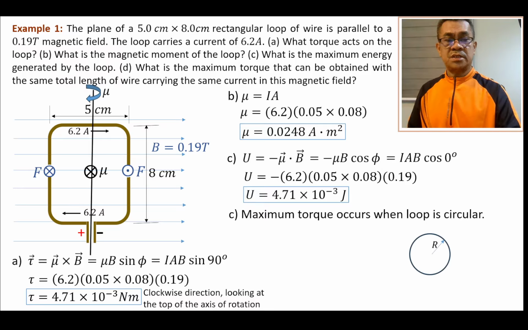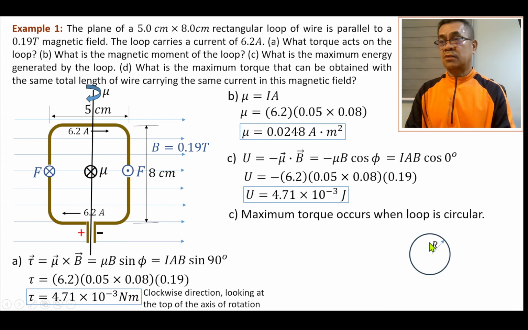Now in geometry, circle provides the greatest area. So remember, we are looking for the greatest area. Among the square, circle and others, the circle is the greatest. So considering the same length, then use the circle.